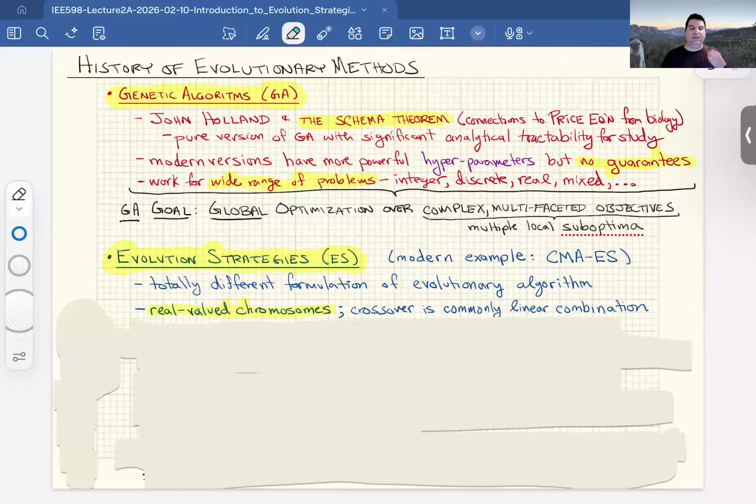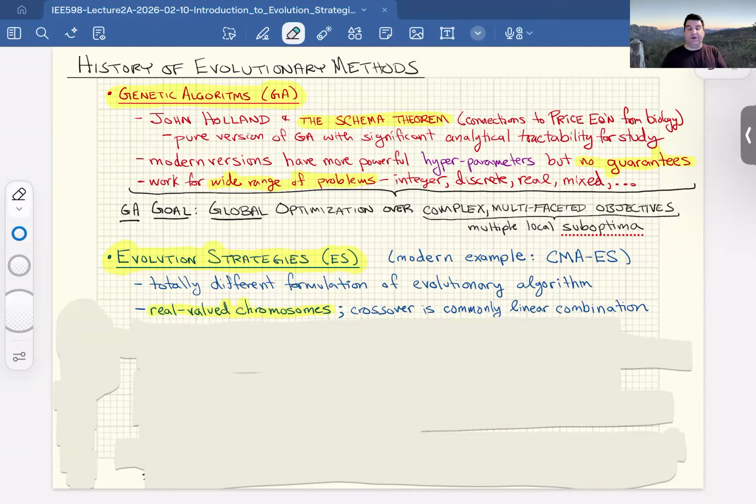So we're going to focus on totally real valued chromosomes. There are ways that you can think about adapting modern evolution strategies to use integer valued genotypes, but they're heuristic, and so they don't quite have the same interpretation. So in order to get the most bang out of our buck for the evolution strategies, we have to stick with the real valued chromosomes.